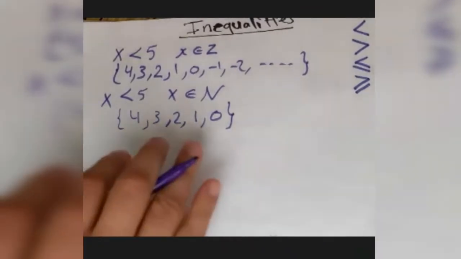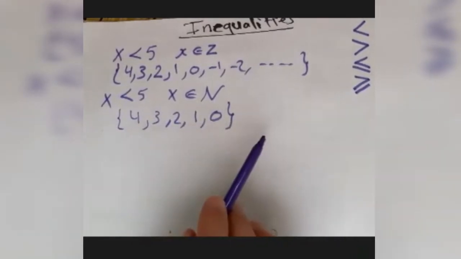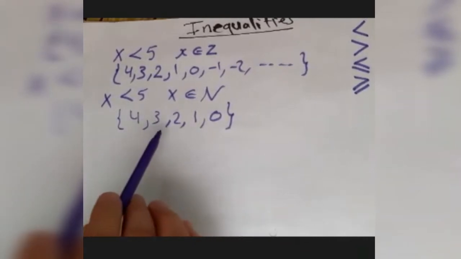Now we have a finite set because N doesn't have negative numbers. All these numbers are smaller than 5.